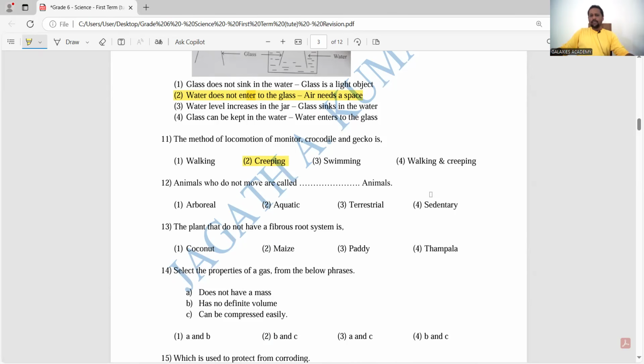Now look at the given answers for this one. You have to select the correct answer. Animals who do not move are called. That means they can't locomote, but we can see the movement of them, but they can't locomote. The first answer given, arboreal.